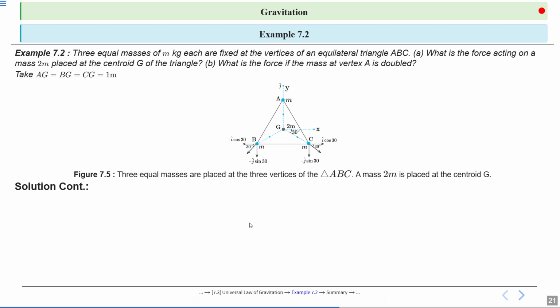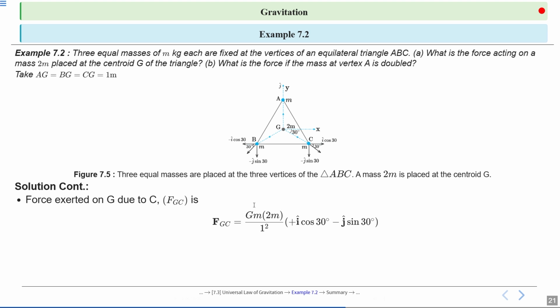So let's start by considering the force exerted on the mass at the centroid due to one of the masses at the vertices, specifically by mass C. So it will be FGC is equal to G m 2m divided by 1 square into i cap cos 30 minus j cap sin 30 degree.